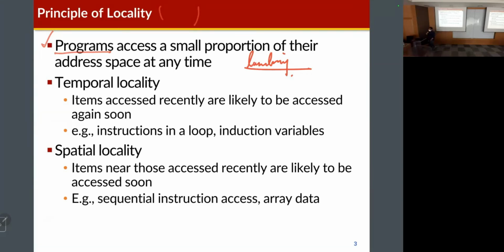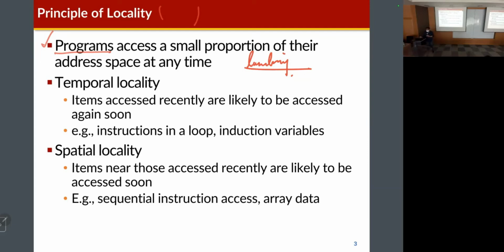But in a short time period, this program accesses just a small amount of data repeatedly, not the entire 100 megabytes of data. This is called locality. And there are two kinds of locality.